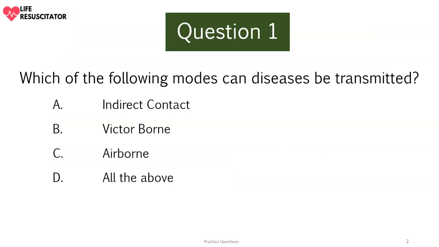Question number 1, which of the following modes can diseases be transmitted through? A. Indirect contact. B. Vector-borne. C. Airborne. D. All the above. If there are 2 or 3 answers, you put their letters.